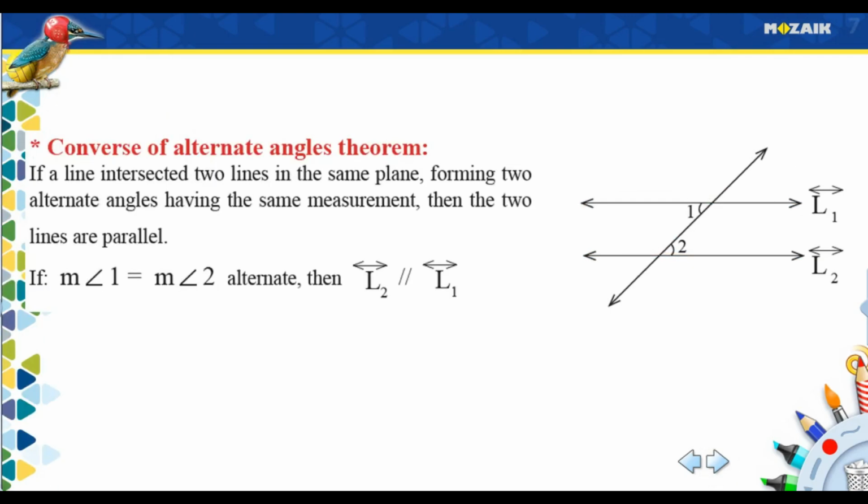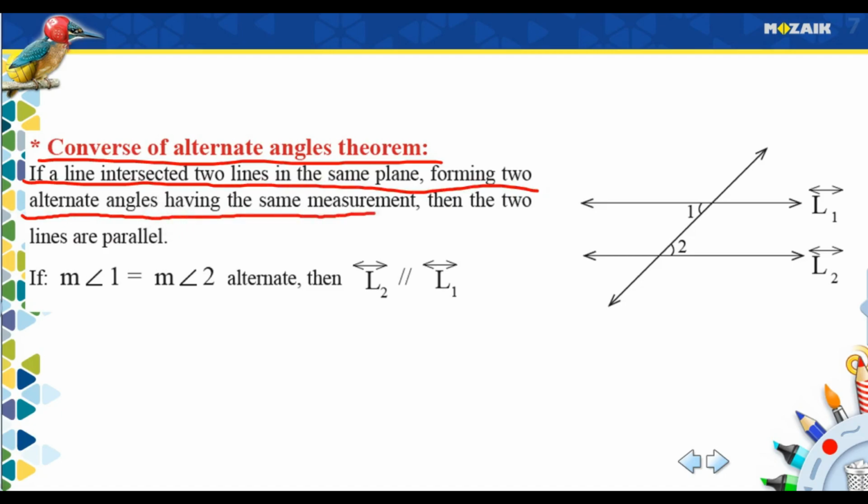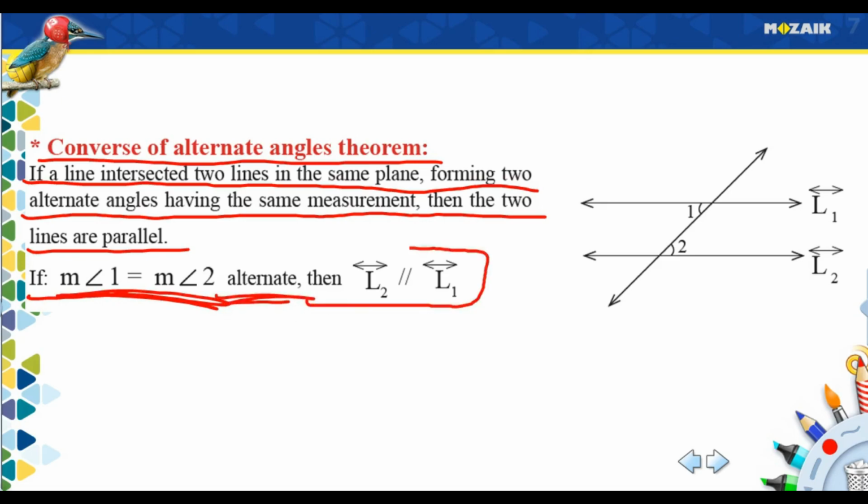And the converse of the alternate angles theorem. If a line intersects two lines in the same plane, forming two alternate angles having the same measure, then the two lines are parallel. If measure angle 1 equals measure angle 2, alternate, then line 1 is parallel to line 2.